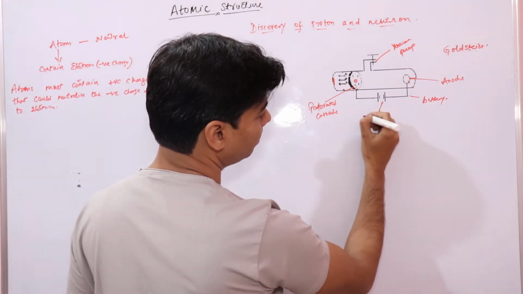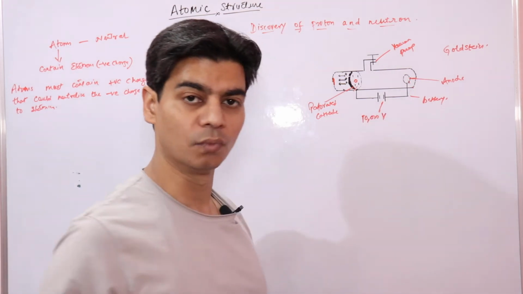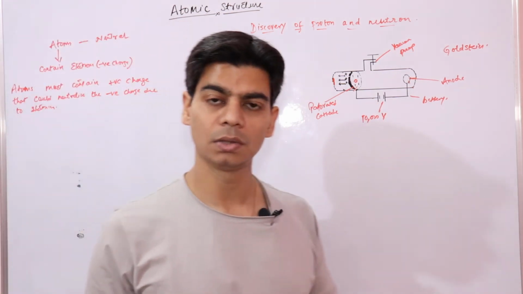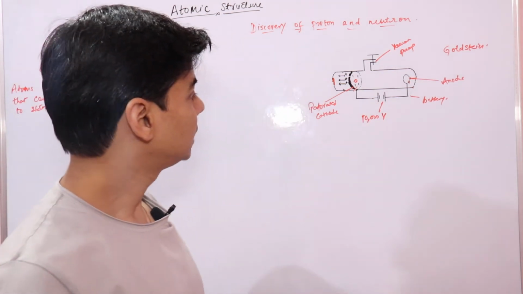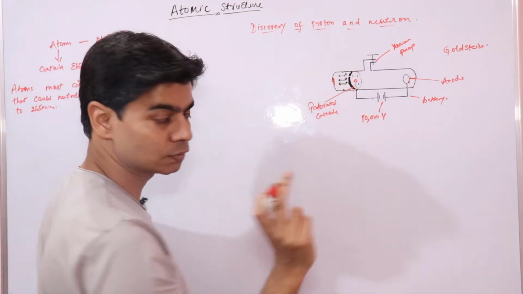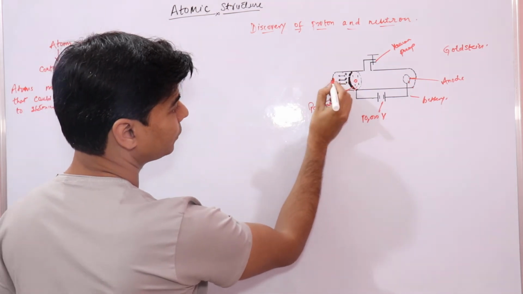So when through this battery you pass a voltage of around 10,000 volt, Goldstein observed one more thing. There is a phosphor material which is coated behind this cathode.